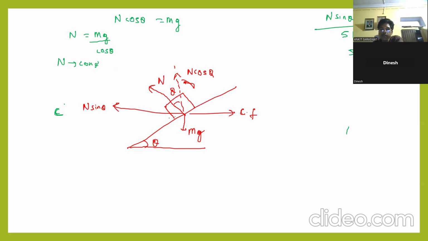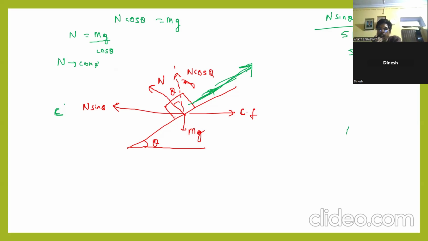It will cross the barrier. The centrifugal force is more than N sin theta, so the car is going away like this, it will skid outside.